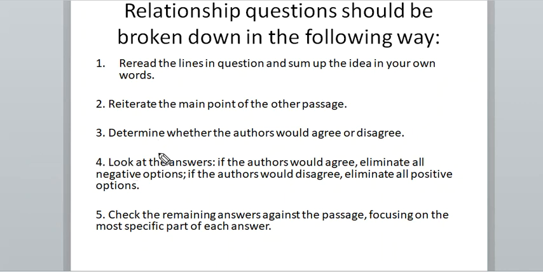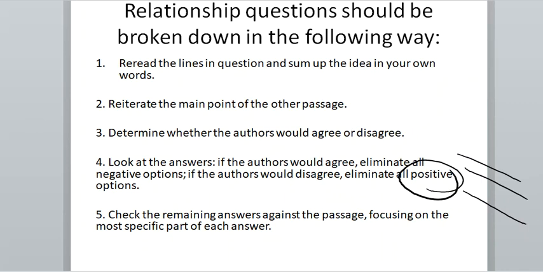So we look at the negative options, and we exclude the positive ones, and vice versa. If the author is a proponent, an advocate or a supporter of a certain idea, supporting an idea requires positivity, so most probably the answers should be positive as well.